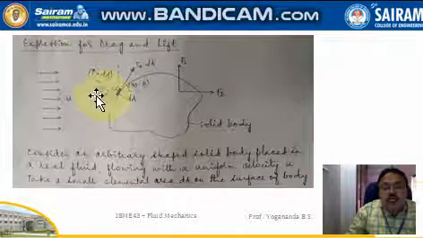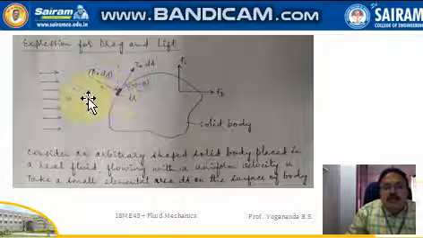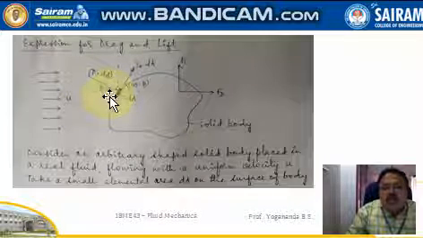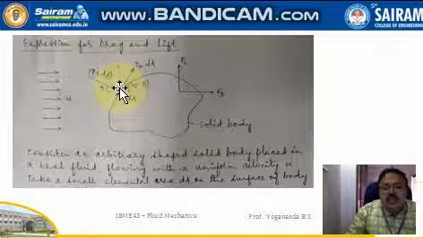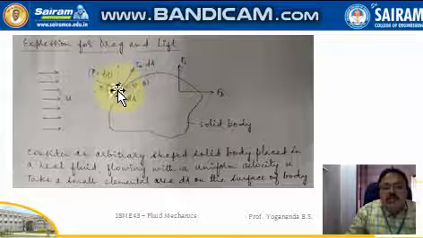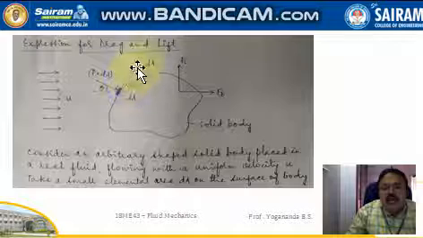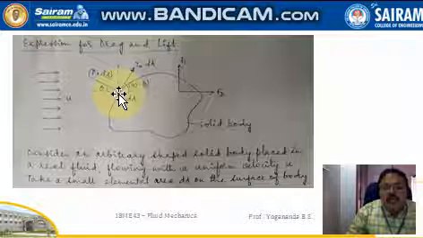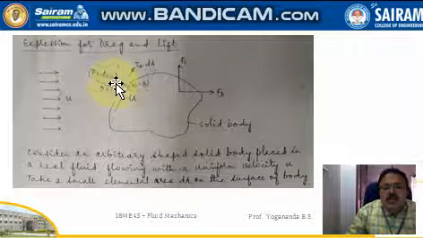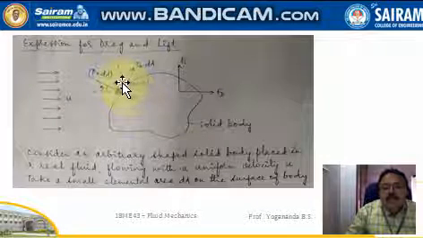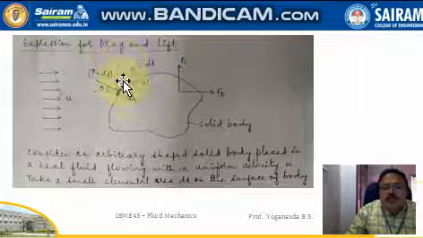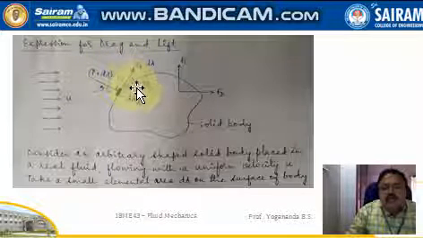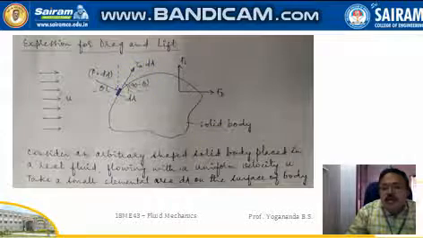If this is theta, then this angle will be 90 minus theta, because this line and this line are perpendicular to each other. So if this is 90 minus theta, this has to be theta.